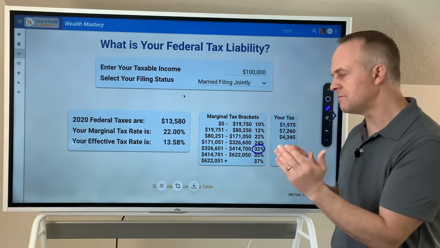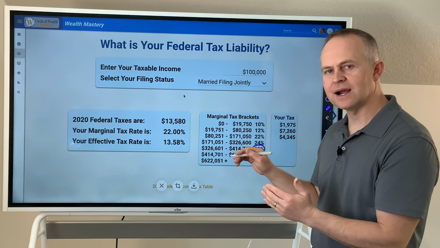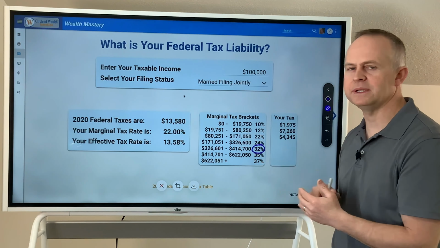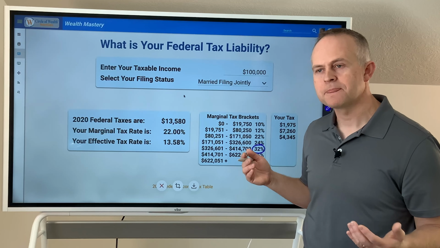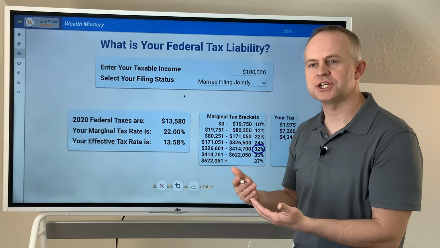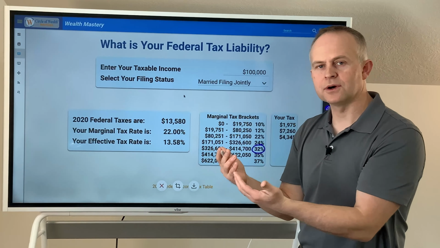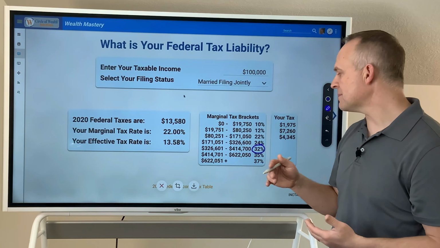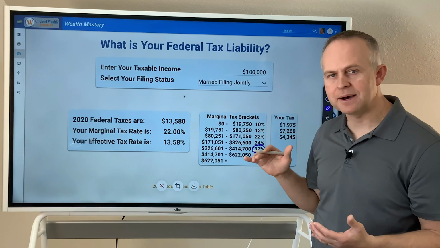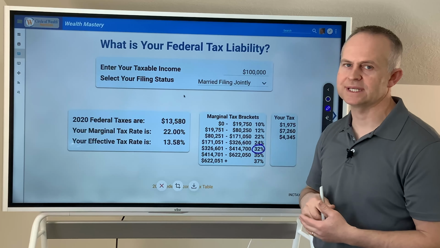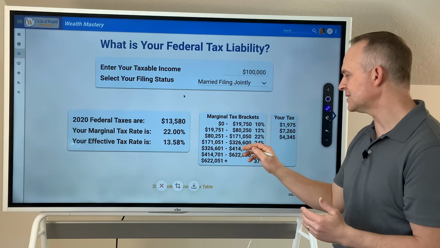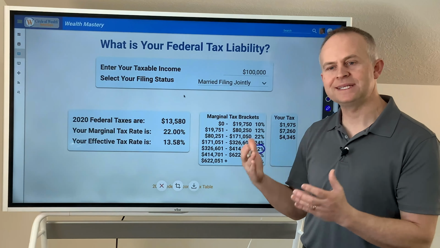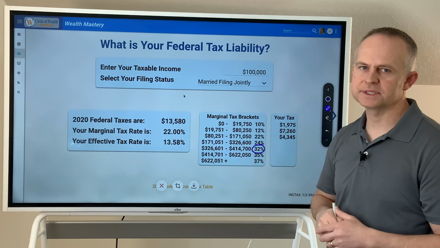Only the amount of money above, all right, is going to be taxed at 32. So if you're making $250,000 and you make a financial decision that increases your income, it doesn't mean that all of your income is now going to be taxed at 32%. It means that only that portion from 326 to 414 is going to be taxed at the 32%.